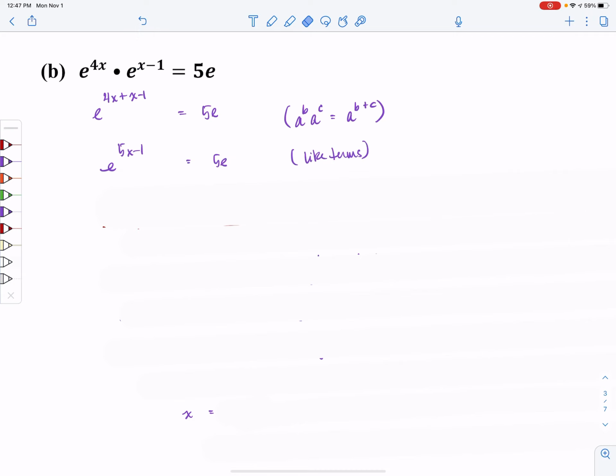And we'll go ahead and get like terms combined there. And so I have e raised to the 5x minus 1 is equal to 5 times e. These are not quite like bases. So now what I'm going to do is divide on both sides by e, or e to the first power.